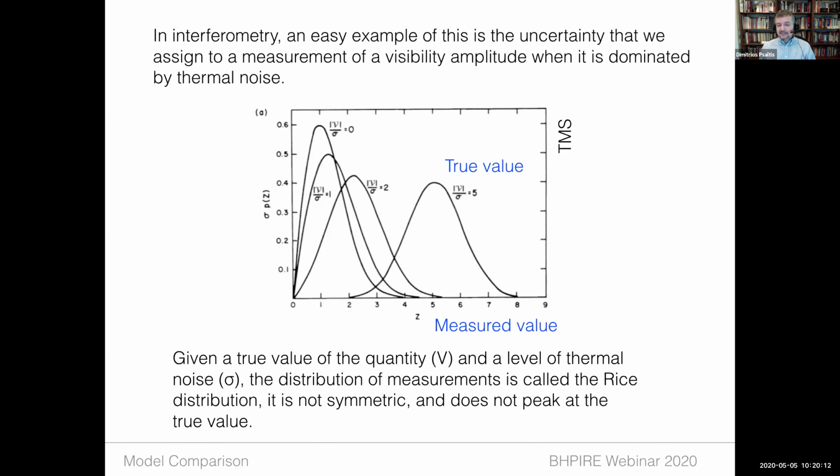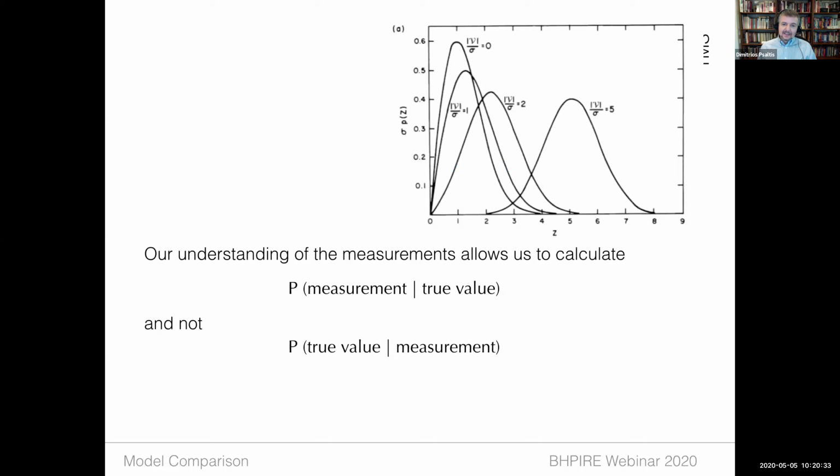It's called the Rice distribution. It is not symmetric. And as you can see, at the low signal to noise ratio, it does not peak at the true value. So even if you were to make an infinite number of measurements, your most likely measurement would not be the true value of the source that you're trying to detect.